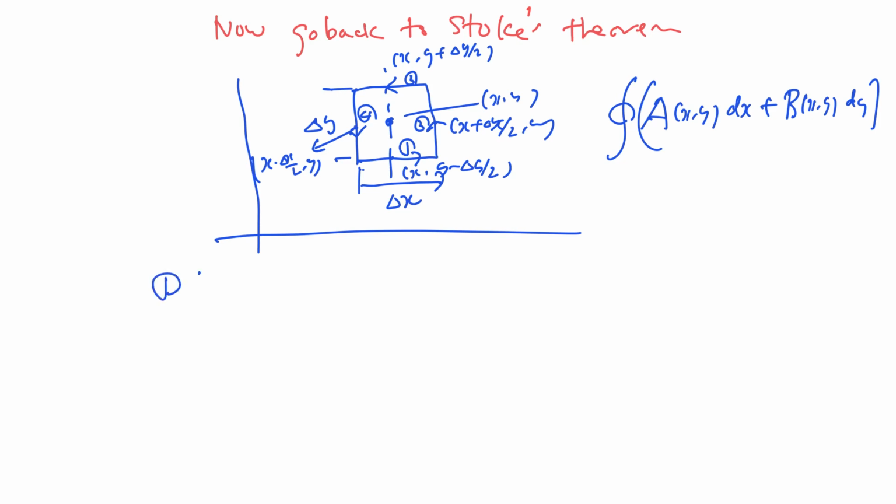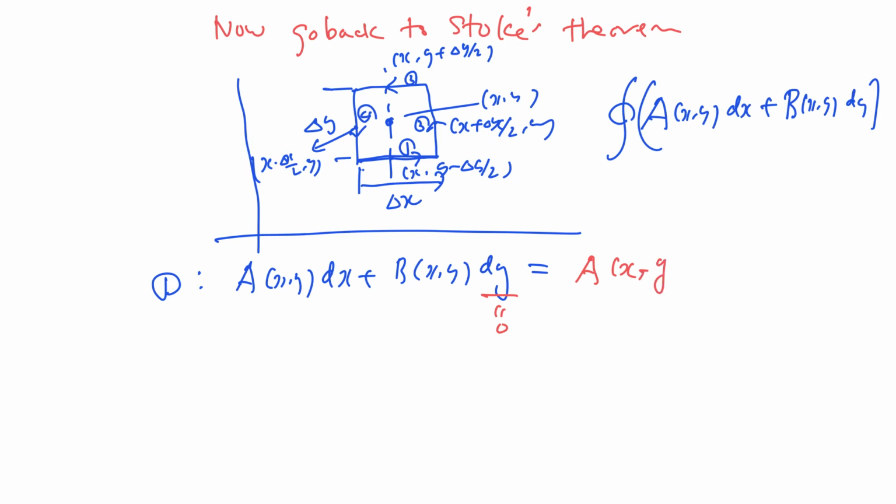So section 1 here: a(x,y) dx plus b(x,y) dy is actually, for path 1, dy is equal to 0, right? So this is a(x, y minus delta y over 2) delta x.